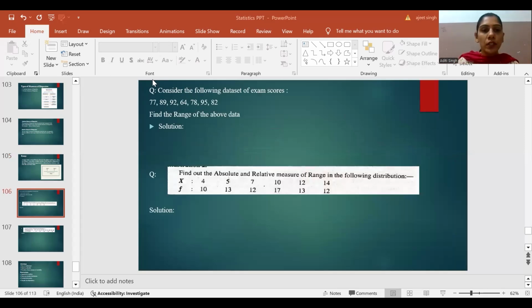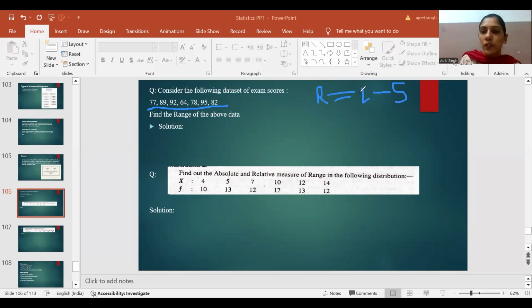Question number one: consider the following data of exam scores. We have to find out the range. The data given is 17, 89, 92, 64, 78, 95, and 82. The formula of range is the highest value minus the smallest value.